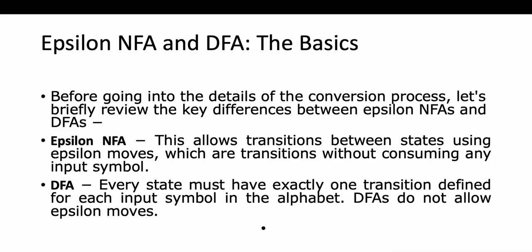They are denoted with epsilon. Epsilon is not a part of the input alphabet set. A DFA, from one state on taking one input, goes to only one state. DFA will not allow epsilon moves, whereas NFA with epsilon will allow epsilon moves.